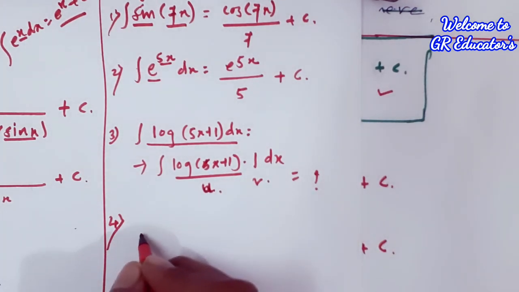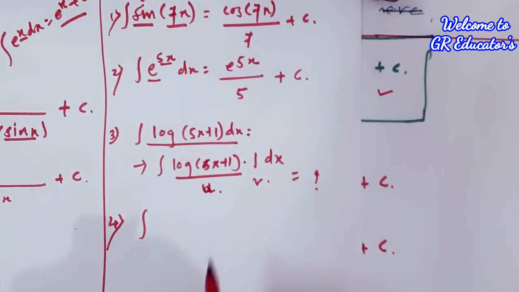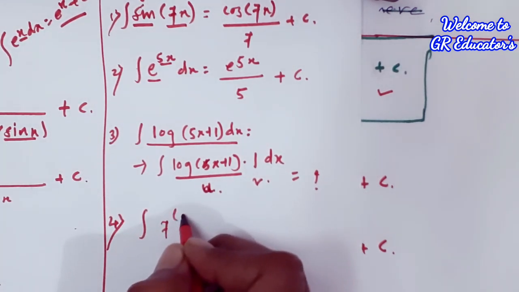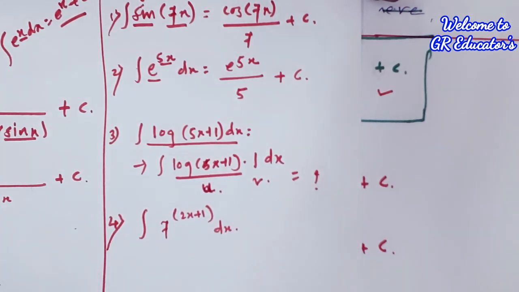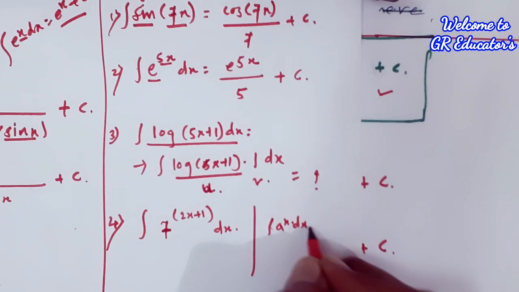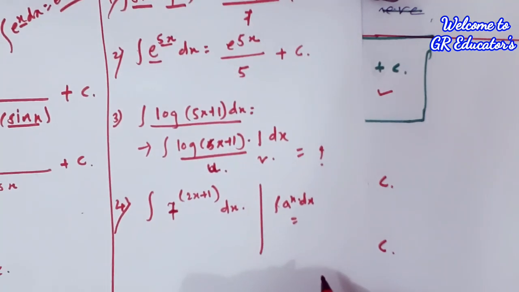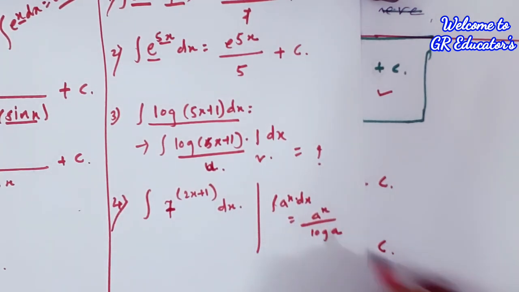Next, I am using some standard functions only. Suppose integration of 7 raised to power 2x plus 1 dx. Here we use the formula of integration of a raised to power x dx, which is a raised to power x divided by log a.